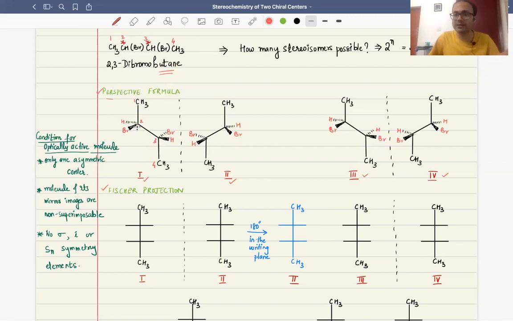But the more general term would be stereocenter, because asymmetric centers sometimes get confused with the asymmetric molecule, and I'll discuss the difference in terminology like dissymmetry or asymmetry in another video. Since it's just a general understanding, we no longer use those terms. We are sticking with stereocenters these days.